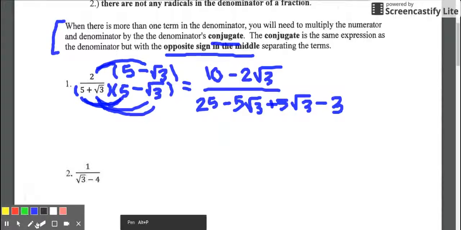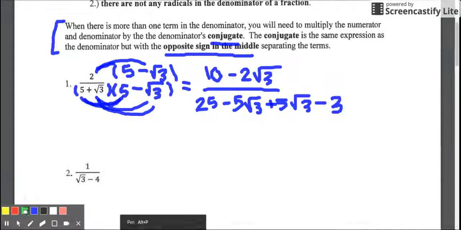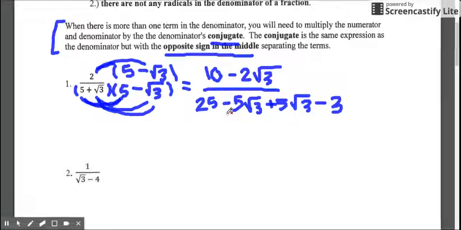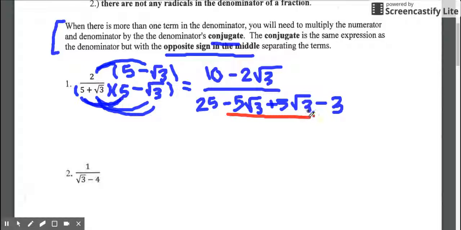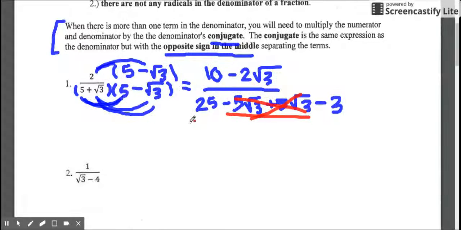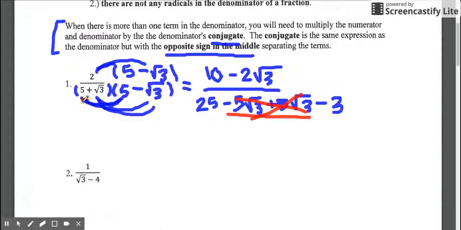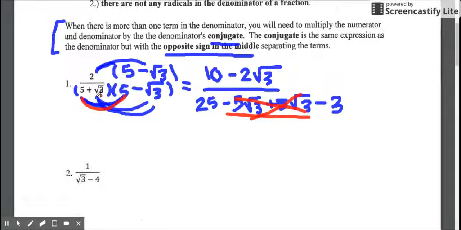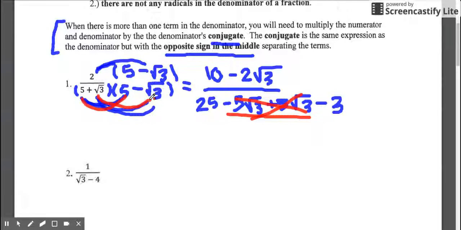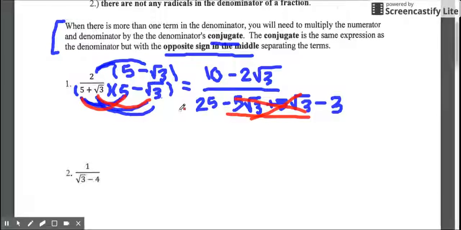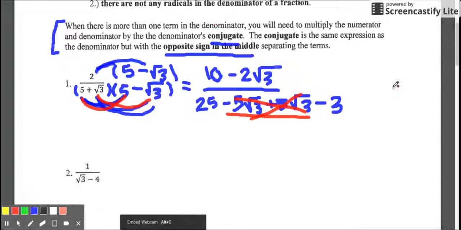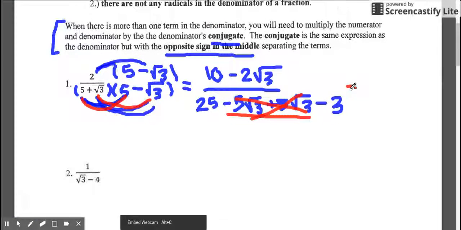Now the key here, and this is how it's always going to work when you multiply by a conjugate, is that these middle terms that still have roots on them, when you add them together, they cancel each other out. So really secretly, when you do this, you'll be able to just do the first times the last, because you know the outer and inner will cancel. So that'll be the shortcut we take from here on out.